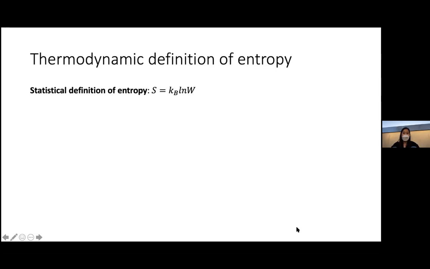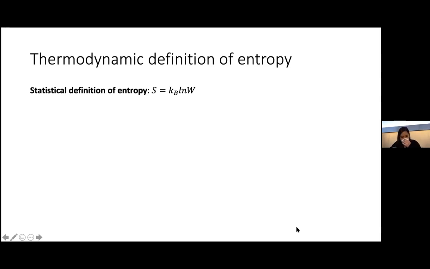And as the previous tutors went over, multiplicity is the number of different ways of achieving an outcome. So when you're thinking about gas molecules in a closed container, the multiplicity represents how many different configurations of molecules, or microstates, there are.